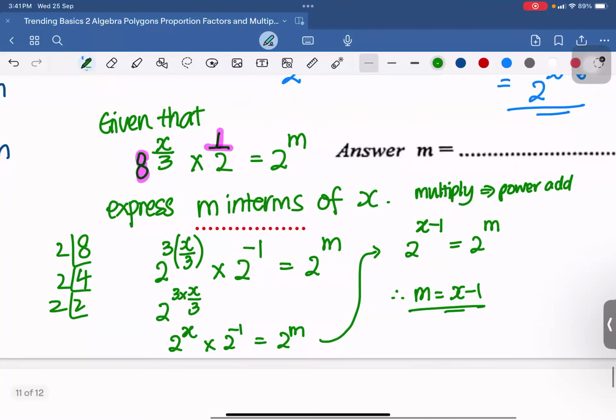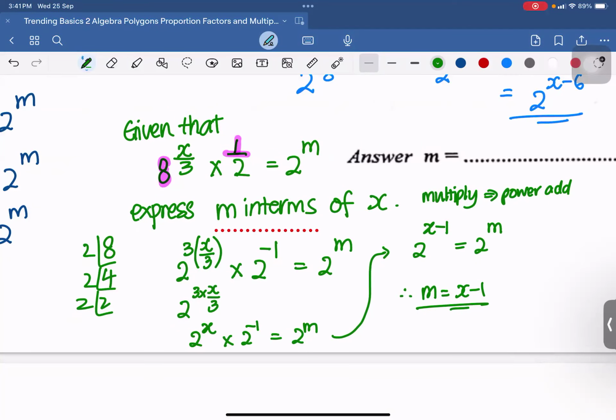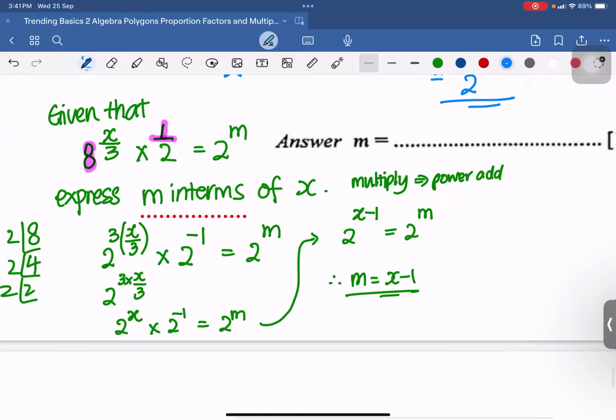Okay, y half becomes 2 to the power of negative 1. This is the index property form: anything to the power of negative 1 is 1 over a.